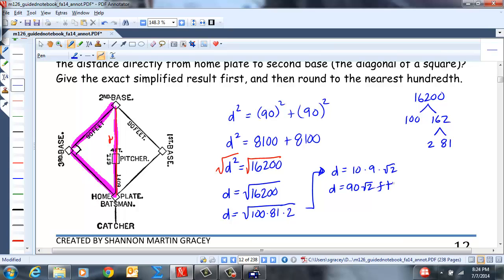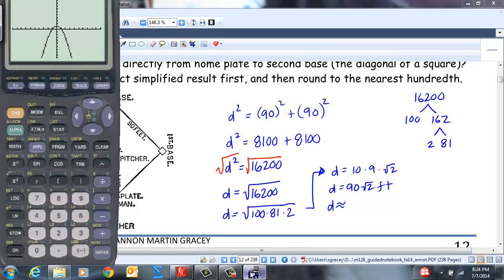The approximate distance will be, let's get our graphing calculator up. And if we do 90 times the square root of 2, we get approximately 127.